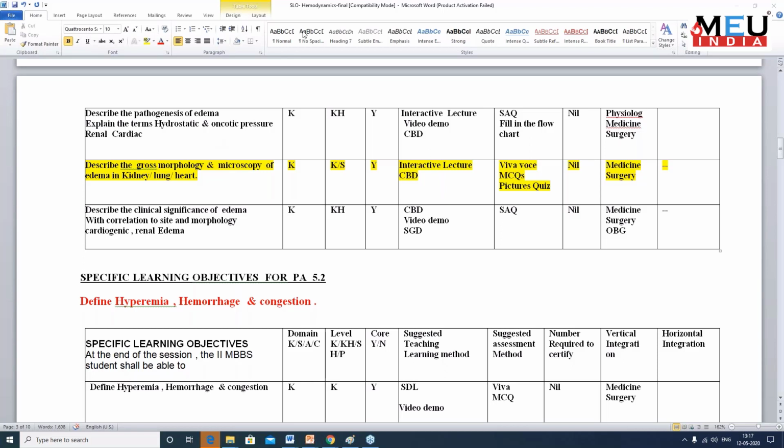That they should have at least an idea that they're supposed to know about it. Not that it is a separate entity, but they should know that there are renal and cardiac edema. That's just to make them aware. Not that it is different. Maybe I should rephrase it better. Yeah, probably. I will do that, ma'am. Thanks.